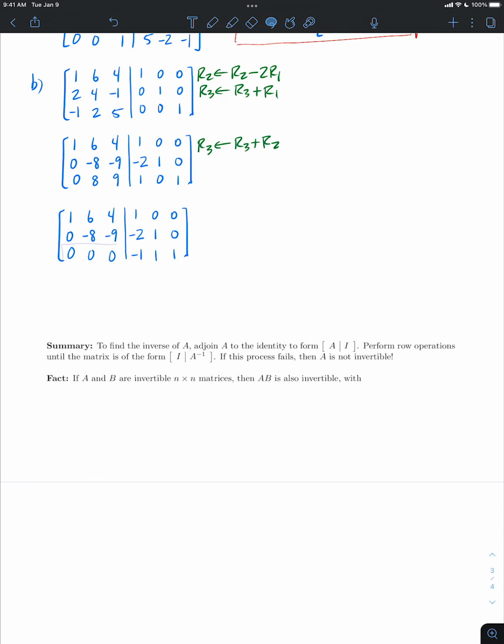Okay, but focusing over here specifically, what do you see here? You see a row of zeros. As soon as you have a row of zeros that appears in a sequence of matrices when you're applying row operations to some matrix, you can immediately stop and say there's no way the reduced row echelon form of this matrix is going to be the identity. So this algorithm is never going to succeed in producing an inverse to this matrix.